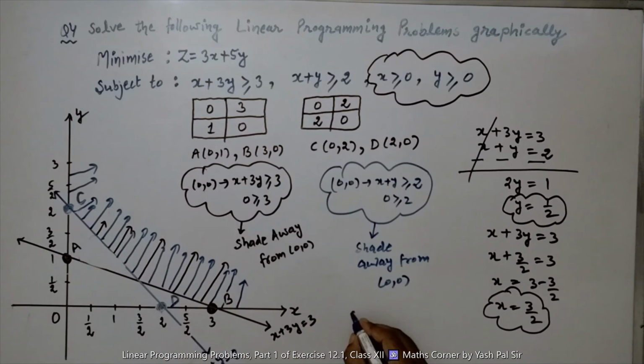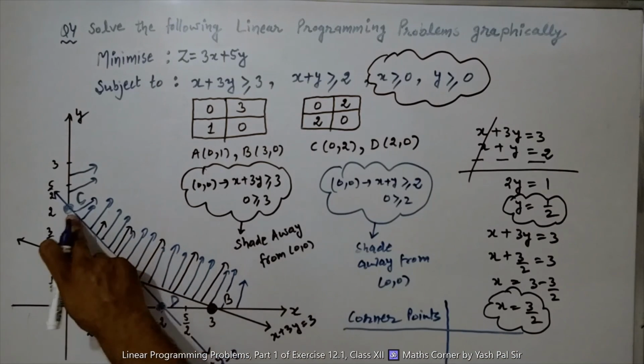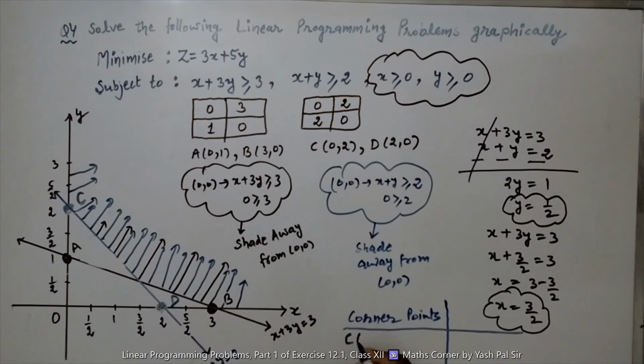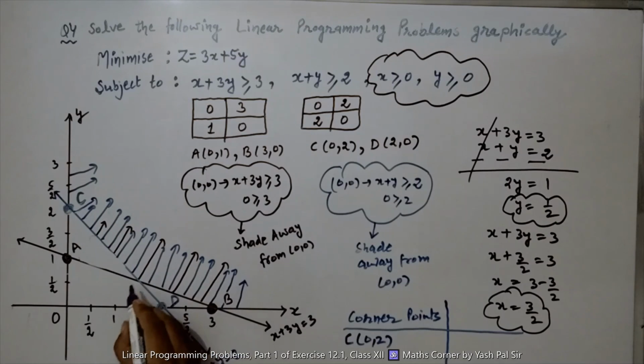So now what are the corner points? Corner points are C. C is (0, 2). Next one is the intersection of these two lines.